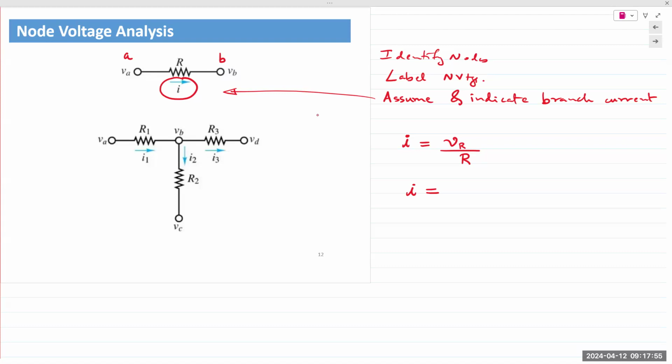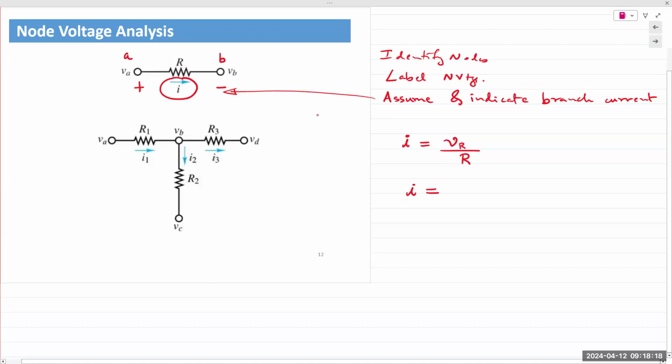Are they both equal? No, because you chose a direction for the current. If you chose a direction for the current, you are concluding that this end is higher, this end is lower. Current always goes from high to low. So when you write a KCL, it will help you minimize your errors when you note everything down in your circuit diagram.